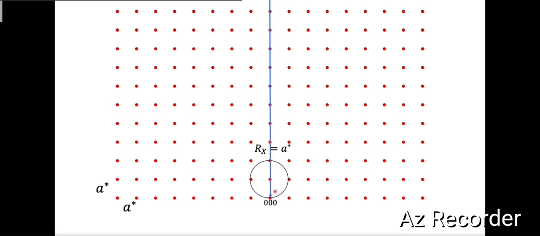Let me count: 1 A star, 2 A star, 3, 4, 5, 6, 7, 8, 9, 10. That's all my figure here is accommodating, and I have to go 50 A star. So the center of the Ewald sphere is really much above the top edge of this screen. The Ewald sphere is really large and cannot be drawn in full on this screen.